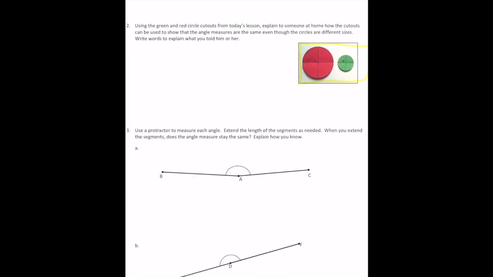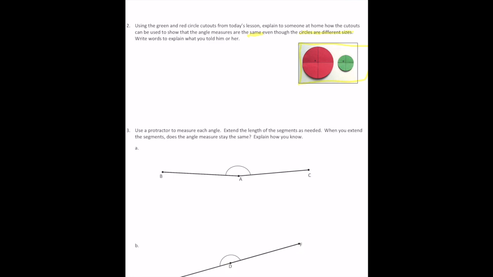If you fold them in quarters, then you essentially have this A and B shape here, and they're different sizes. So it says, using these two cutouts, explain to someone at home how the cutouts can be used to show that the angle measures are the same, even though the circles are different sizes. I didn't specify the diameter of the coffee mug, nor how large the cup is that you use to trace the smaller circle, because it doesn't really matter.